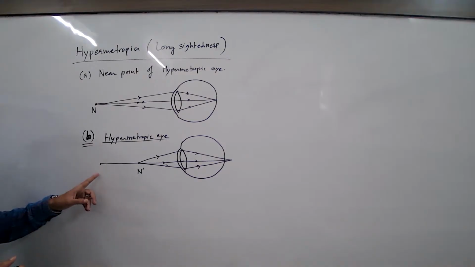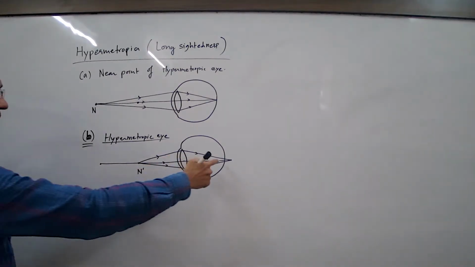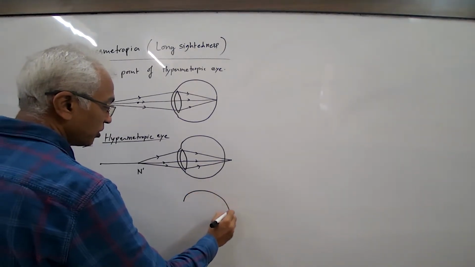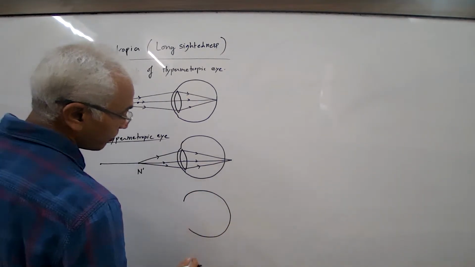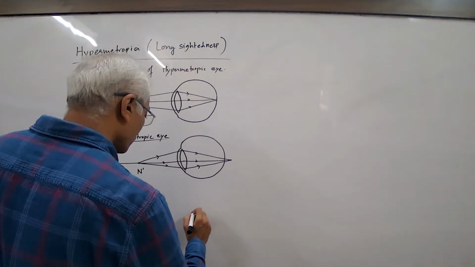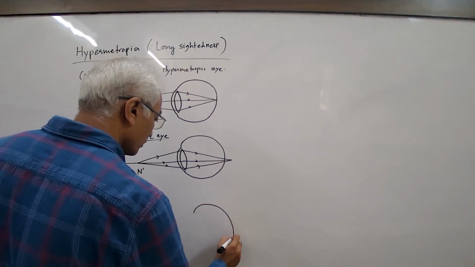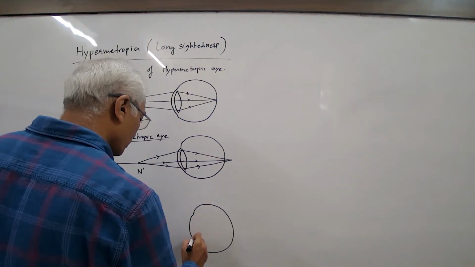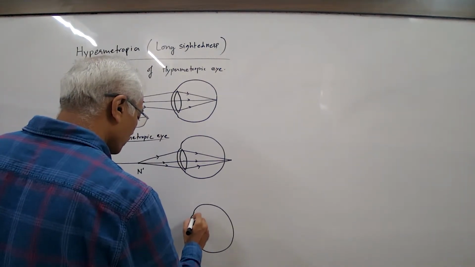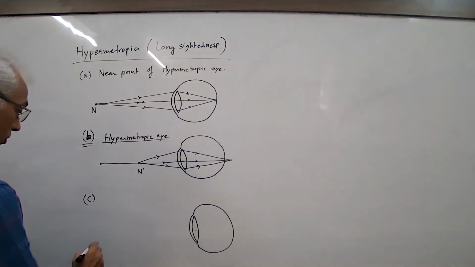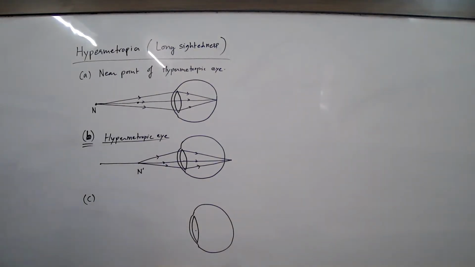When the image is formed at the faulty near point, the image will actually be pulled back to the retina. So this is the correction for the hypermetropic eye.